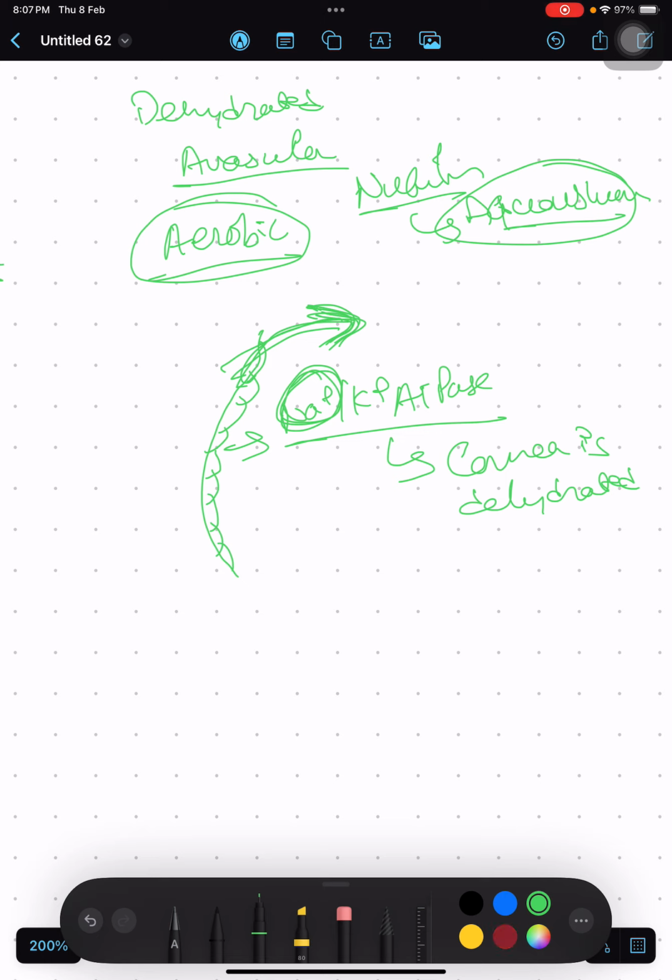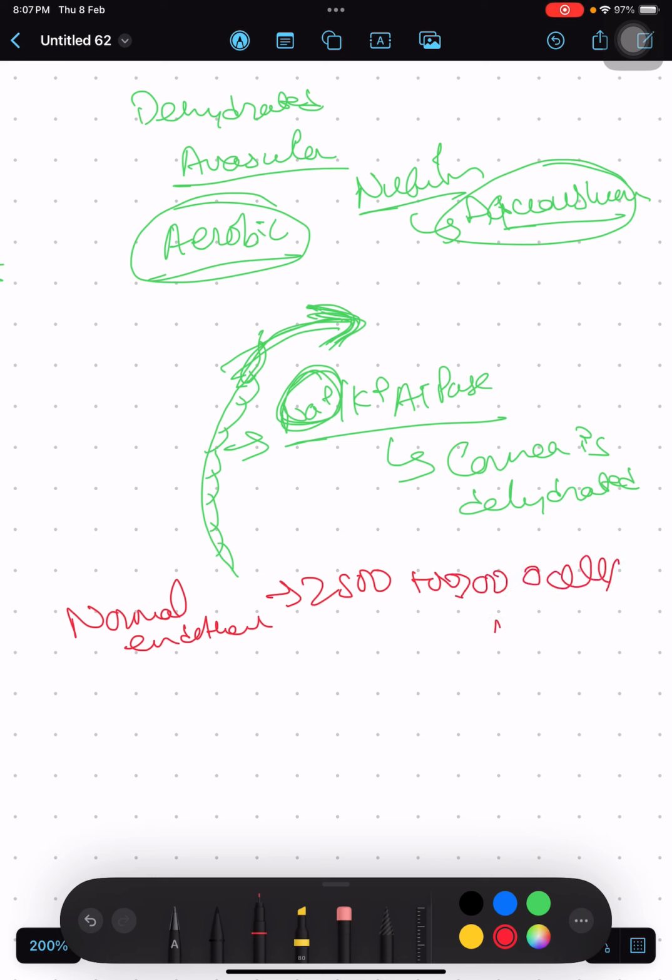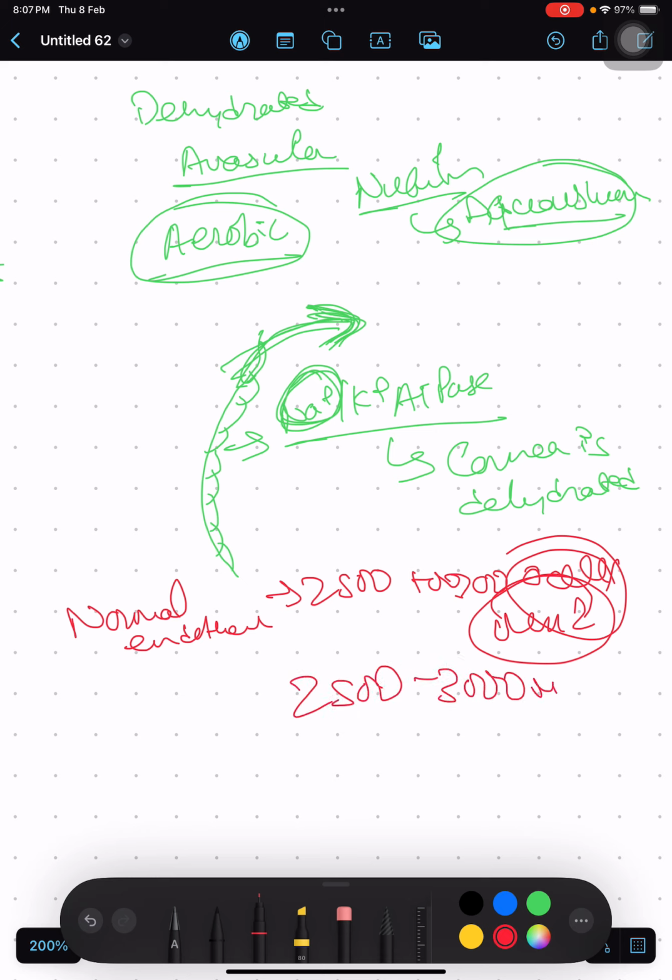The normal endothelial count is very important. The normal endothelial count is 2500 to 3000 cells per millimeter square. Remember this. Why is this important?